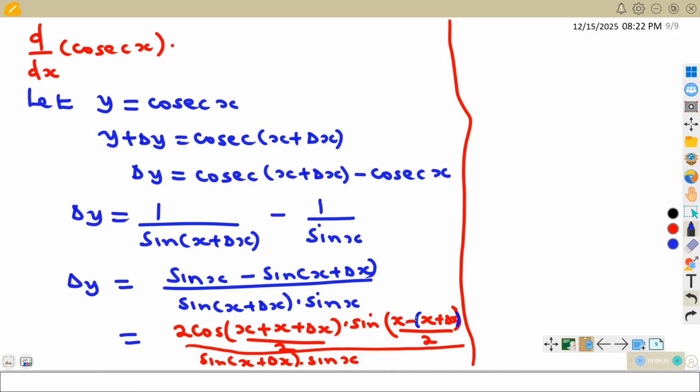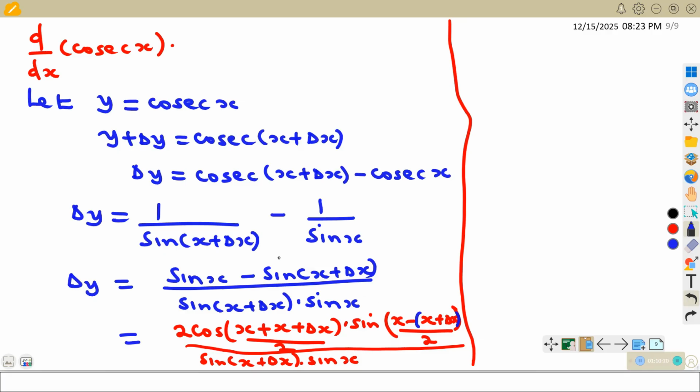That becomes a serious mistake. Especially when you are subtracting x plus delta x, it is important that you put this bracket. Otherwise, this minus will only affect x, and yet it is supposed to be affecting all. So that is what was missing, but otherwise this is very okay.